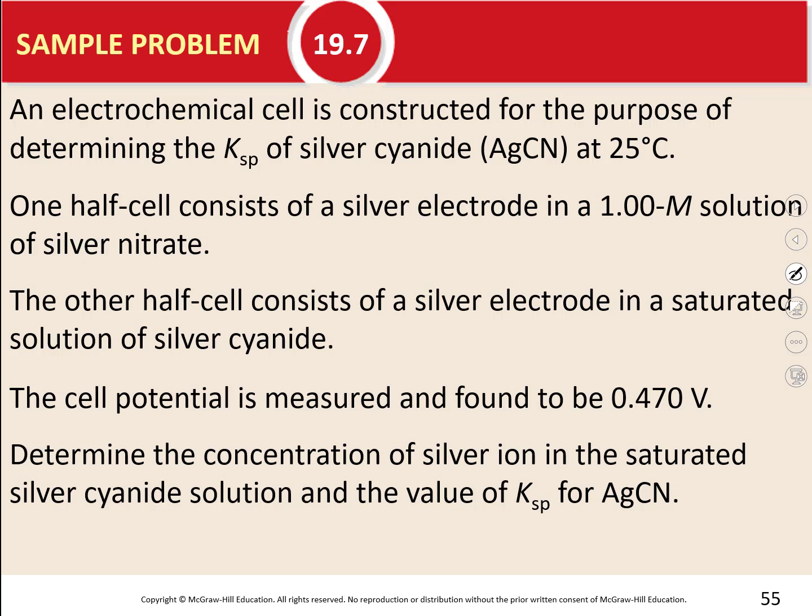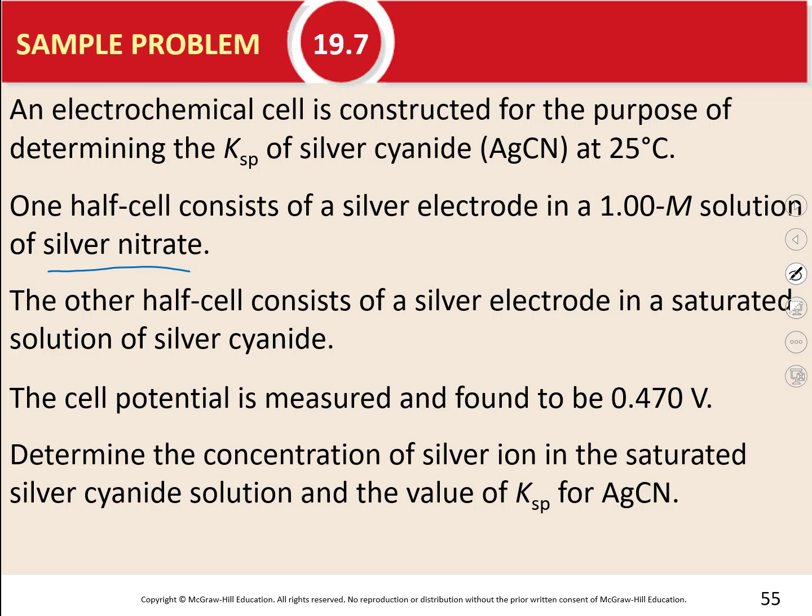For something that generally is considered insoluble like silver cyanide, it's not going to take very much. And then you compare it to a solution of known concentration of silver. So in this case, we're going to use silver nitrate. Silver nitrate, very water soluble, but it also produces silver ions. So what we're really doing here is comparing the silver ions in the silver cyanide versus the silver nitrate. Cyanide and nitrate are just going to be our spectators. We're going to ignore them.